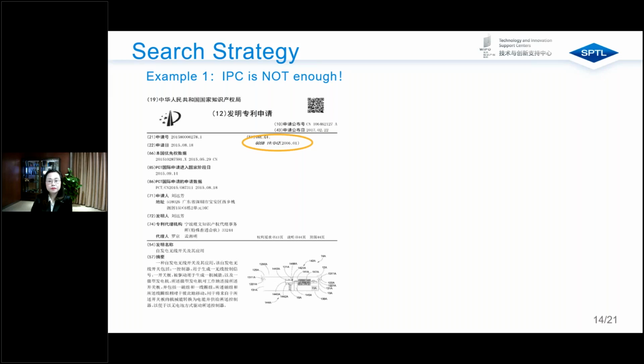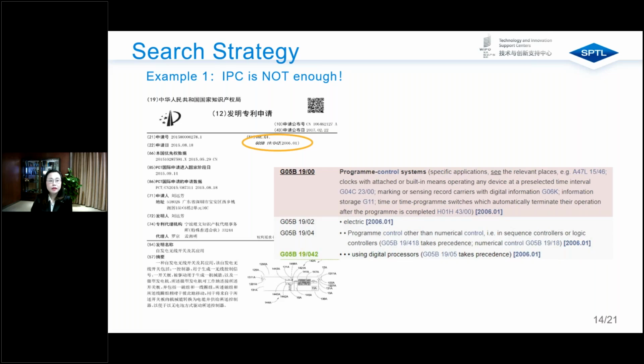On the front page, it states the IPC of the application is G05B19/42. Then we look up the IPC classification. As you can see, this classification stands for program control systems using digital processors.